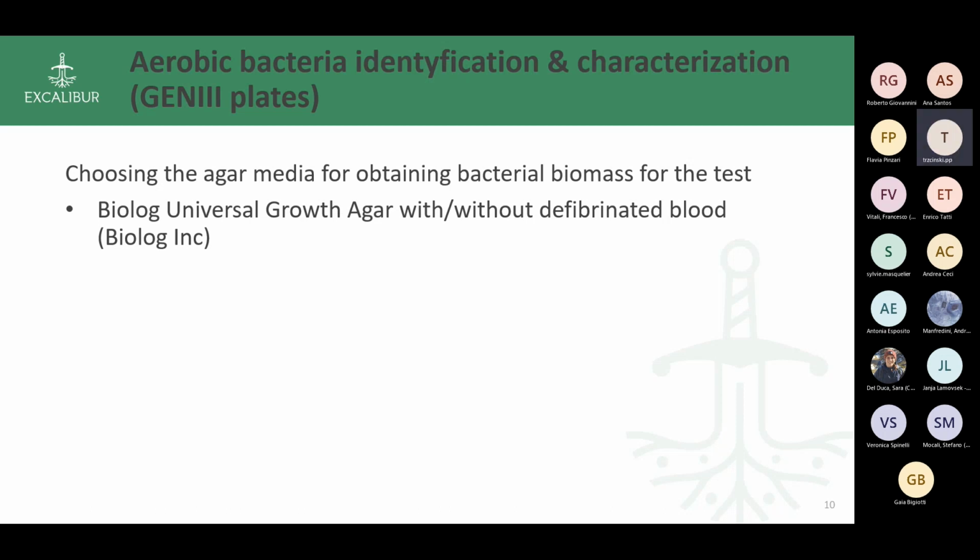In my career, I never use the BUG agar with blood, but perhaps for some clinical samples, the blood is crucial. If you don't have the BIOLOG universal growth agar, you can use TSA, for any brand, but there will be some differences between microbial metabolism.